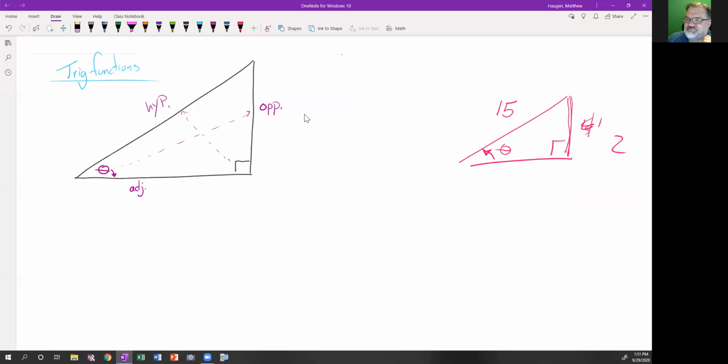So their ratio should be constant. And that ratio between the opposite side and the hypotenuse of a right triangle has a name. And we call that ratio the sine ratio.